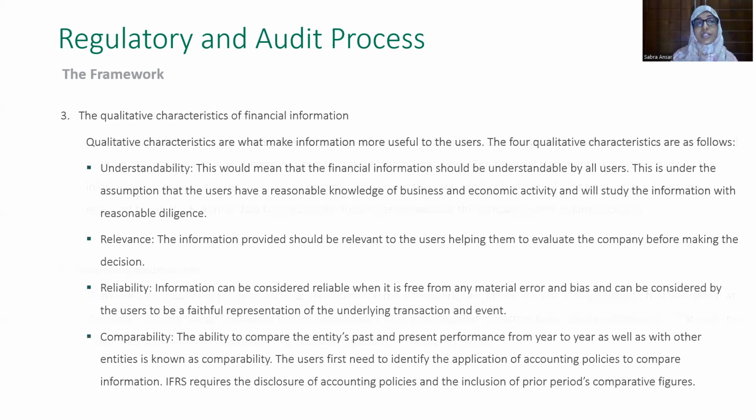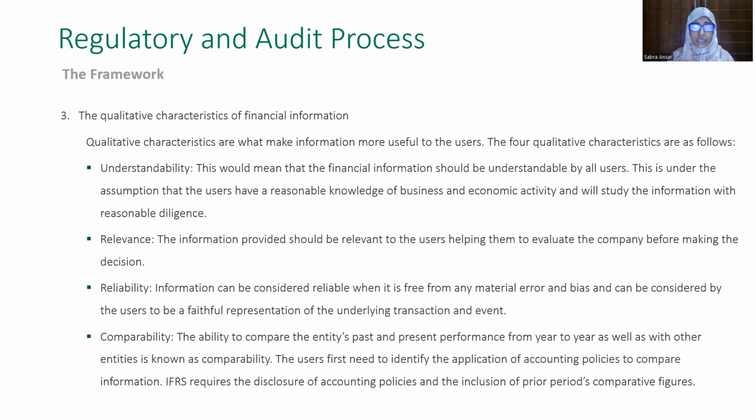Now, the other thing is the qualitative characteristics of financial information. What are the qualitative characteristics that users usually use? There are mainly 4 qualitative characteristics. One is understandability. When it comes to financial information, it has to be understandable, right?